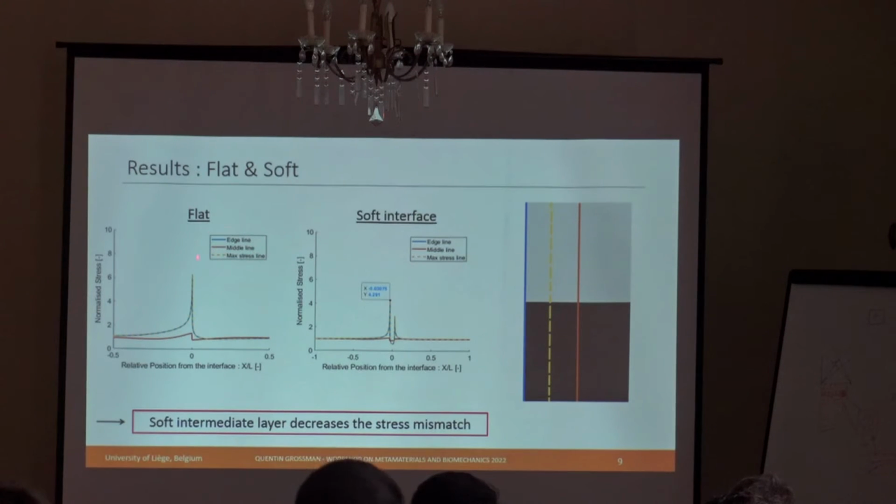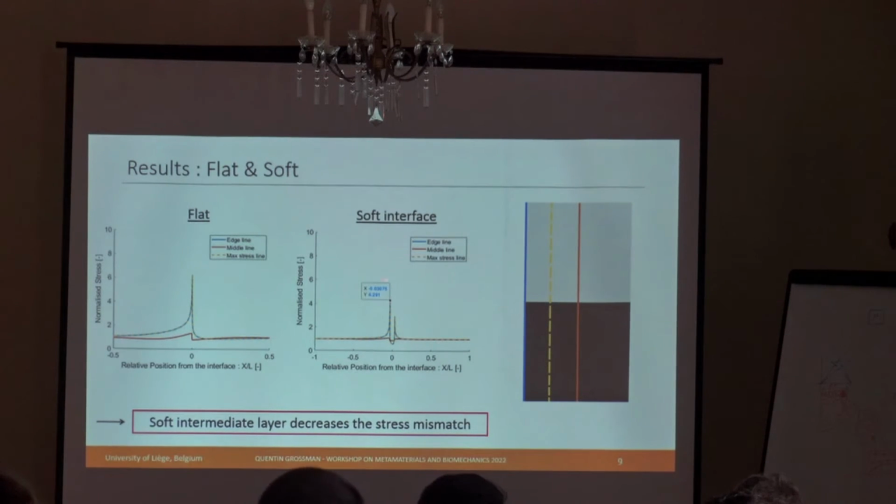And what we call the maximum stress line is a line moving in between those two, depending on the geometry, that represents the maximum peak of stress along the bimaterial attachment. Okay? And what we can see here is, as expected for a finite sample, for the flat case, there is a strong concentration of stress at the interface on the edge of the sample, so it's here.